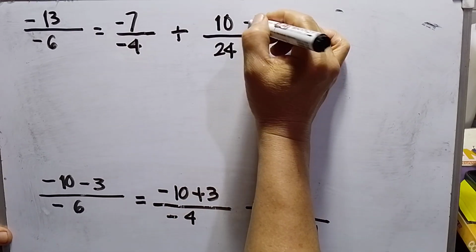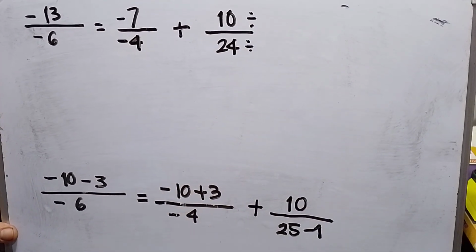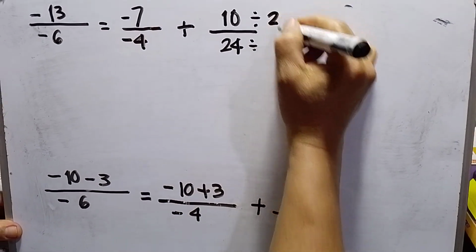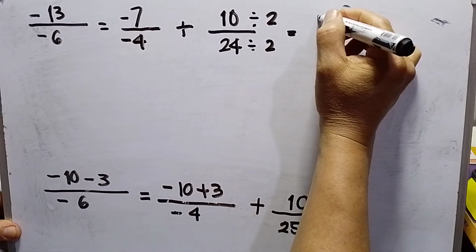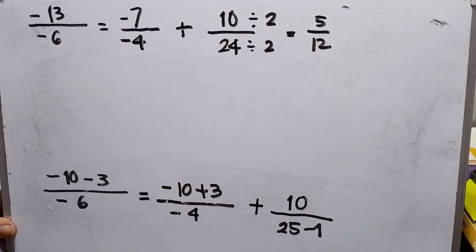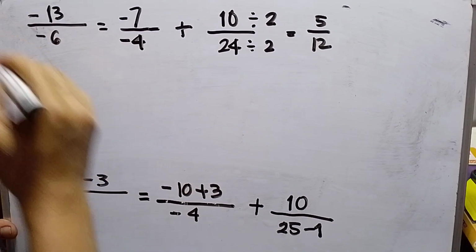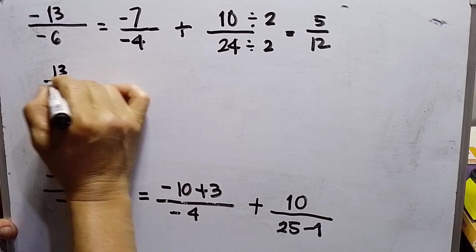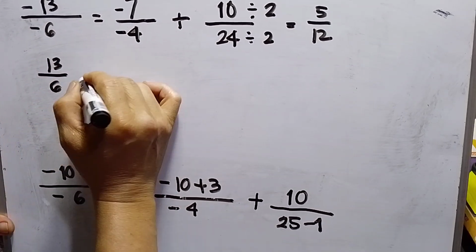I think we can reduce this one by dividing what number? This will be 2. So this will be 5 over 12. Okay, so negative divided by negative, that is positive. So I have here 13 over 6.